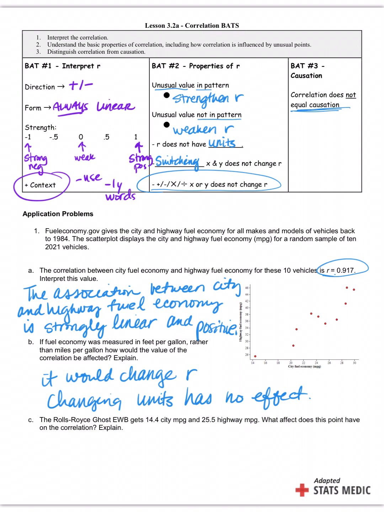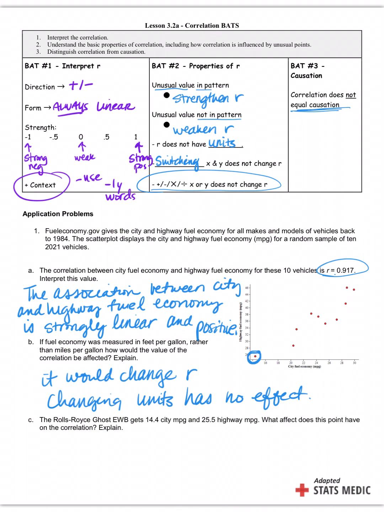And then lastly, it says the Rolls-Royce Ghost, EWB, gets 14.4 city miles per gallon and 25.5 highway. What effect does this point have on the correlation? So that's this point way down here. Kind of an outlier, but what can you tell me? What is it doing to the correlation there? It's in the data pattern. Yeah, you got to ask yourself, is it in the pattern with the rest of the data? Roughly? Roughly.